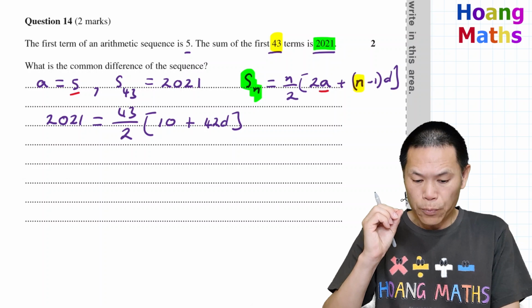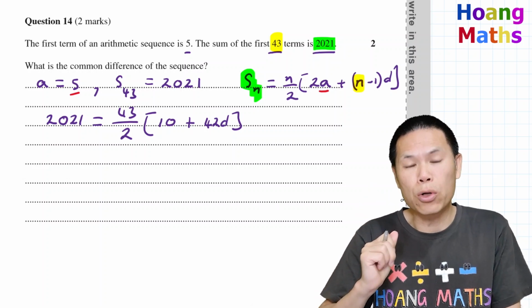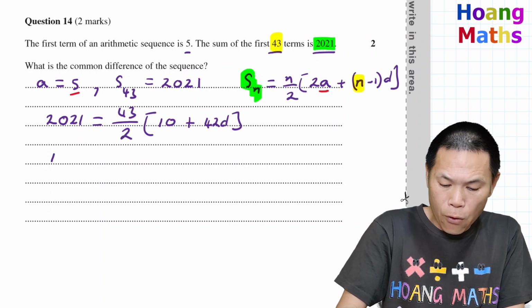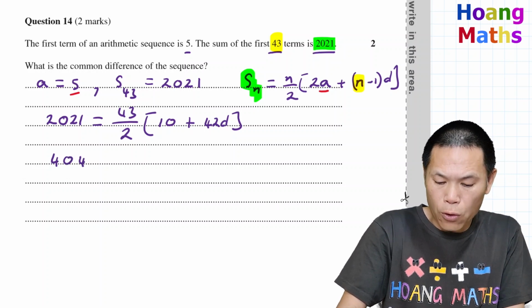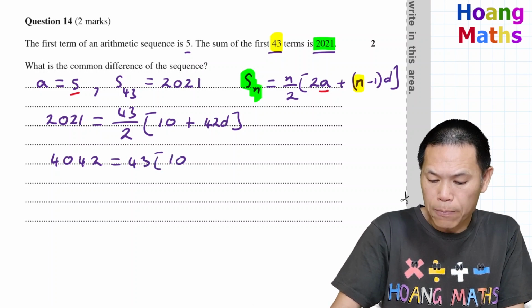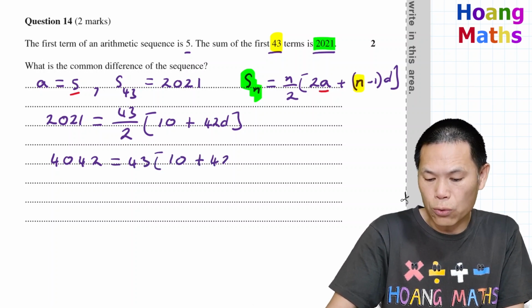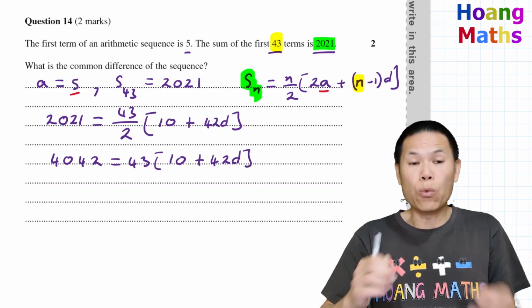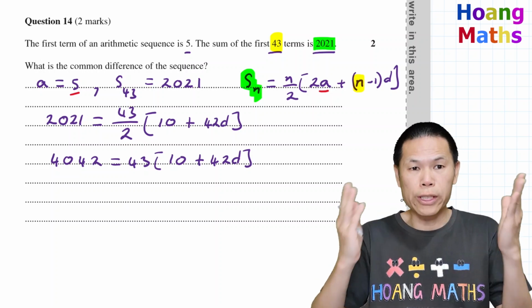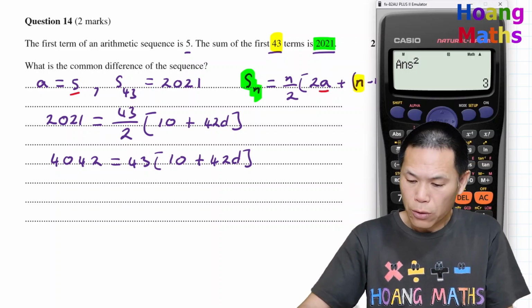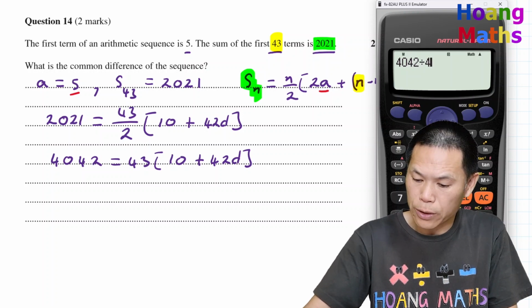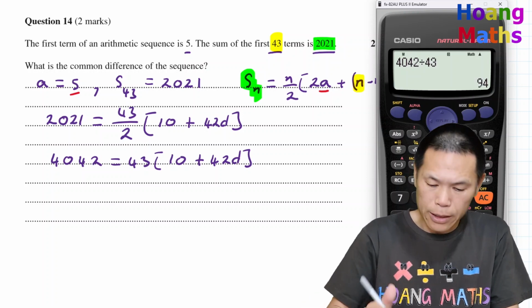I can just times 2 on both sides. If I times 2 on both sides, that gives me 4042 is equal to 43 times 10 plus 42d. Then I just divide by 43 on both sides, using a calculator: 4042 divided by 43 is 94.